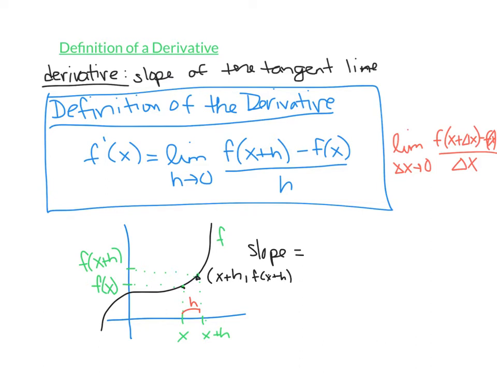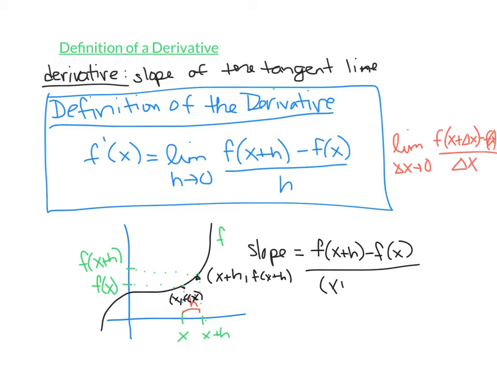This point right here is x, f of x. So then remember slope, we're going to do change in y over change in x. So I would do f of x plus h minus f of x. So that's my y2 minus my y1. Now I'm going to do x2 minus x1.